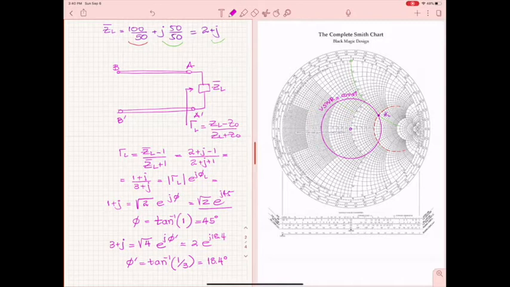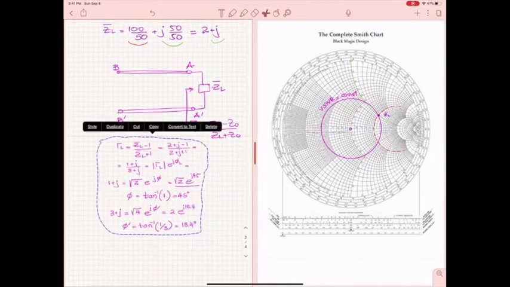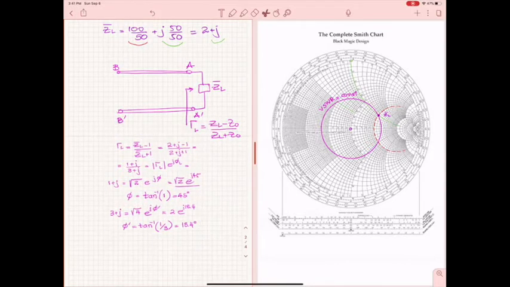So practically now, let me squeeze those a little bit. We have that gamma sub L equals square root of 2 up here, e to the j 45, divided by square root of 10 e to the j 18.4. And that is 1 over square root of 5.